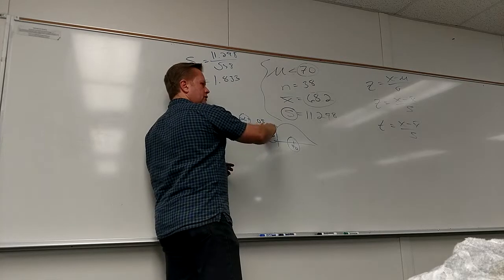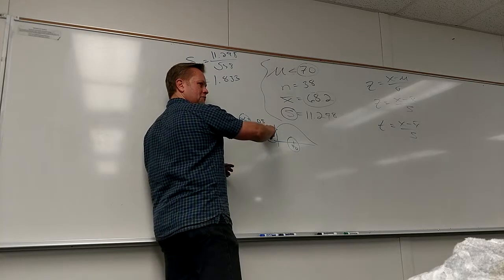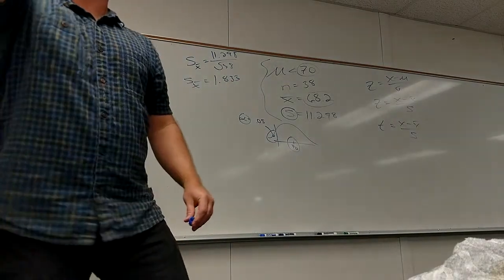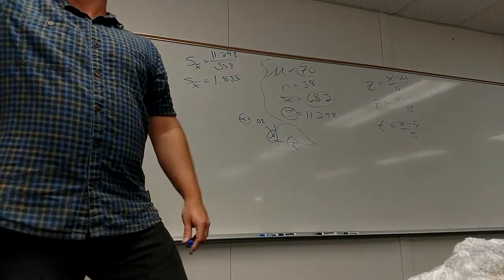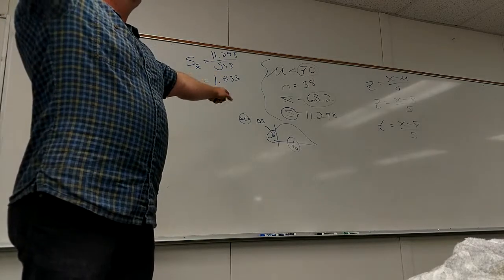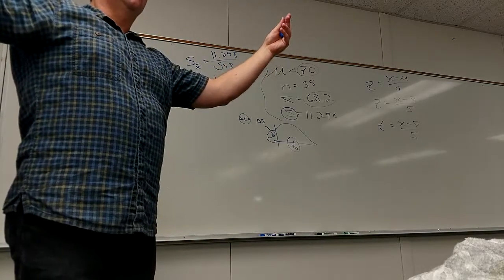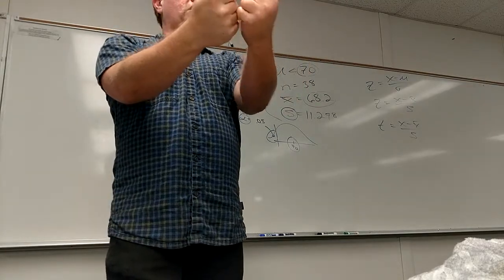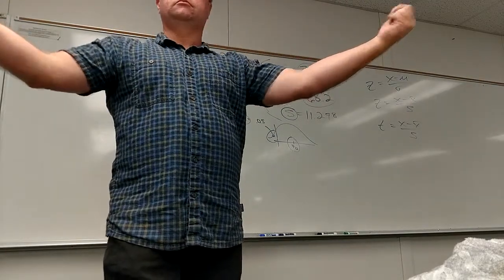So let's see if you guys can help me out. How many tails is this in? 1. Now you really see why that T-score chart is set up the way it is. Because I can have 1-tail tests or 2-tail tests. A 2-tail test would be, I think it isn't 70. Then it could be less or more. 2 tails.